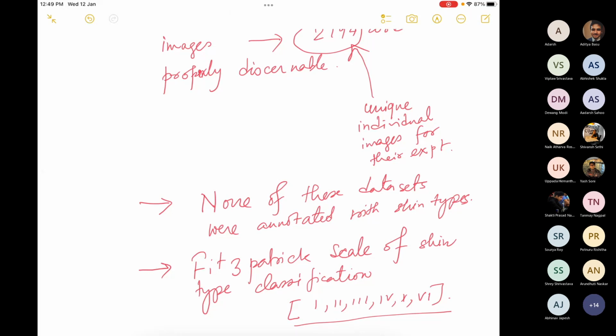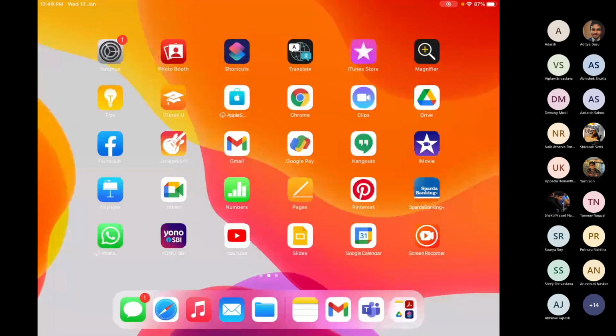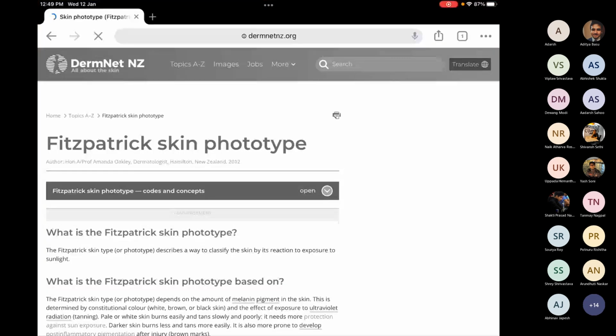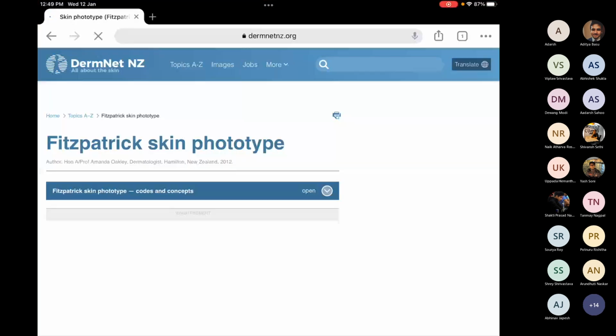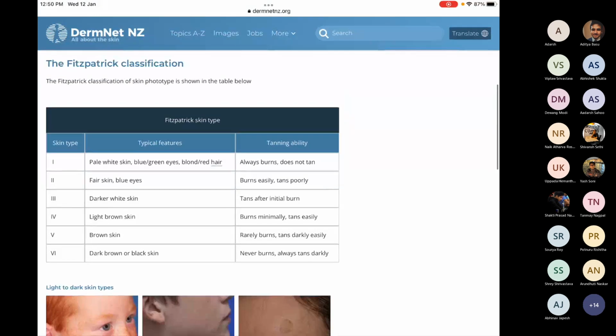So I'll show you an example. These are the 6 types. The first one is pale white skin, the second one is fair skin, then the darker white skin, then the light brown skin, and dark brown or black skin.